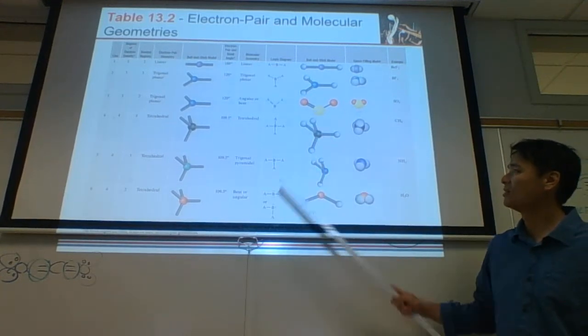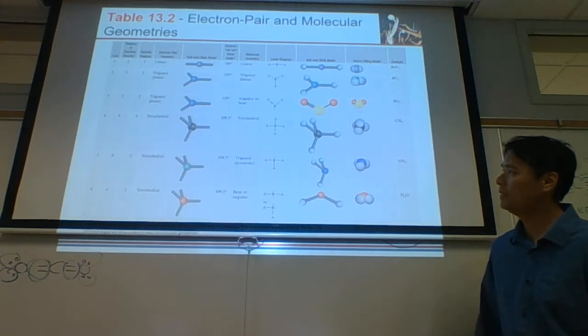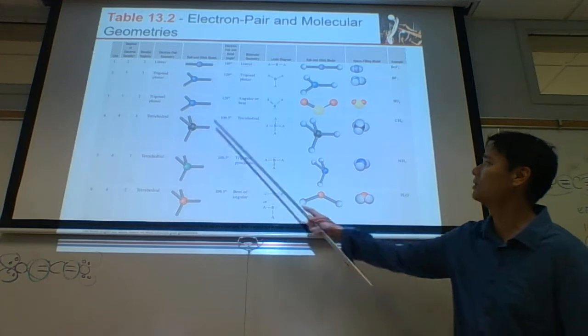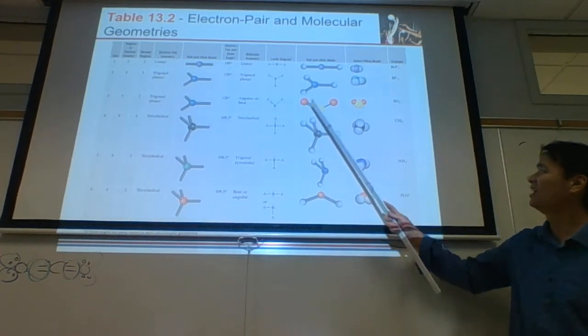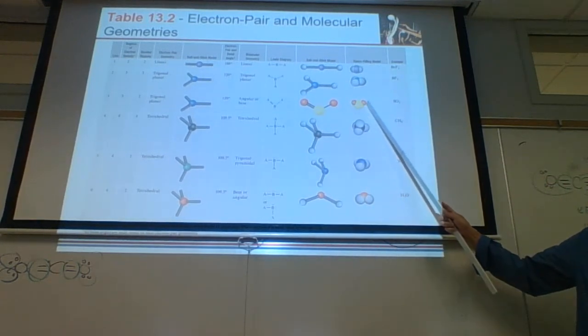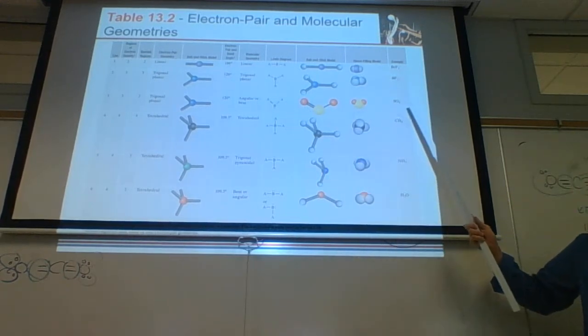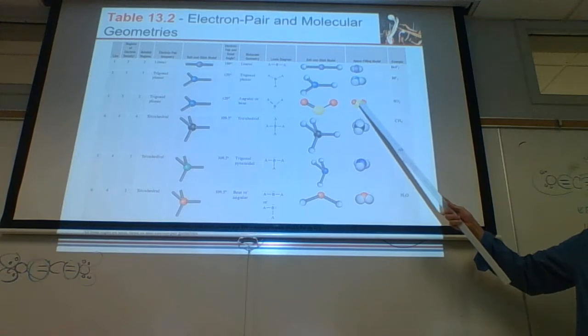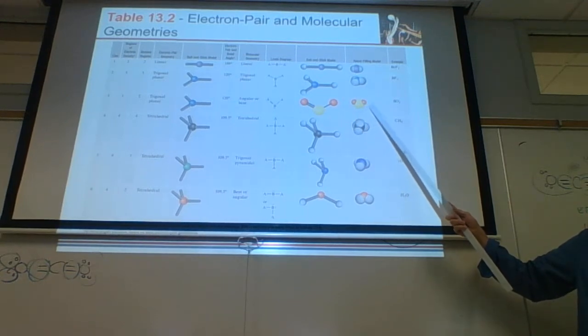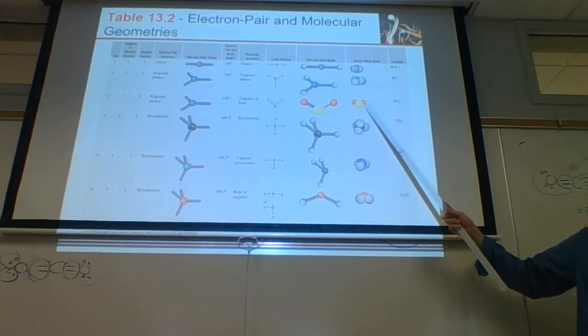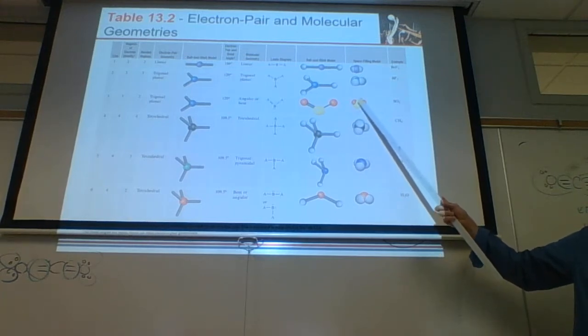But here's where we're going to have a difference between the EPG and the MG. The EPG is trigonal planar, however the MG is not. The MG is this. It's called angular or bent, or in the video they called it the V shape. So angular, bent, or V shape. That's because we're just looking at the atoms for the MG.